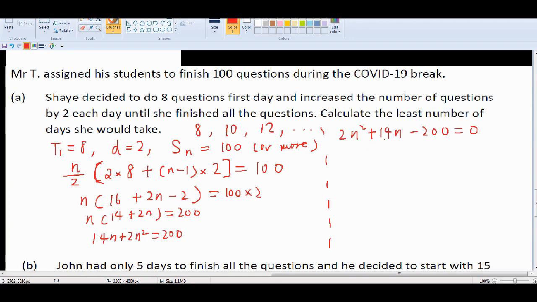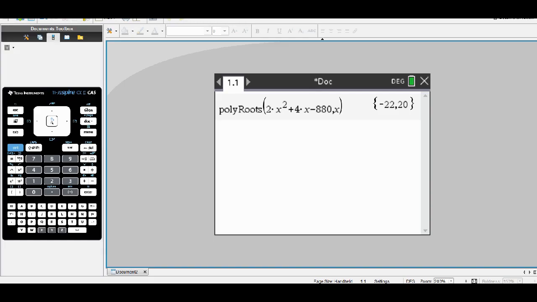Let's use the calculator again. Let me check if anything is wrong about this. This should be okay. It's 214 minus 20. I'm not going to repeat that process.